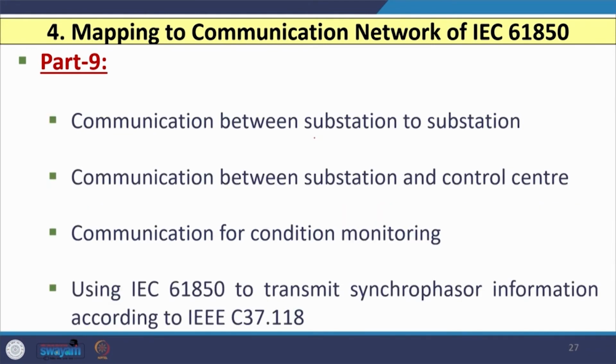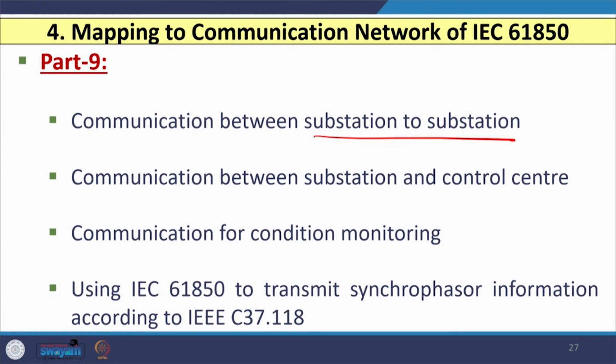Moreover, in part 9, under the mapping to communication network of IEC 61850, they have mentioned the procedure for communication from substation to substation. So, how the communication between two substations is to be carried out.